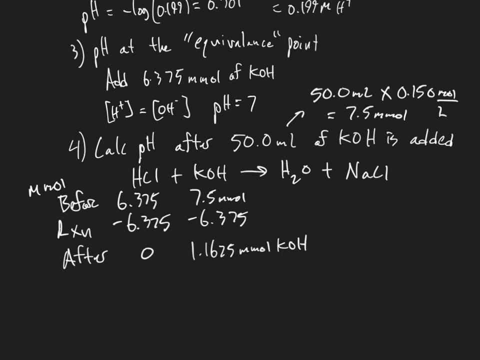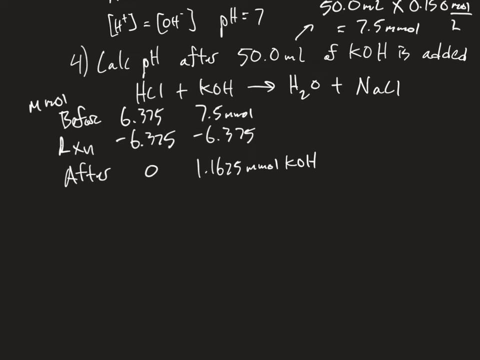So again, for pH, we need the molarity of our OH minus. To do that, we can get pOH and then get pH. So let's get the OH minus concentration. Molarity means all of the millimoles divided by all the milliliters. So we have 1.1625 millimoles.